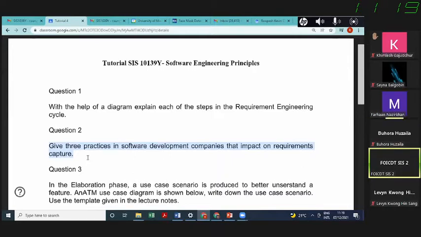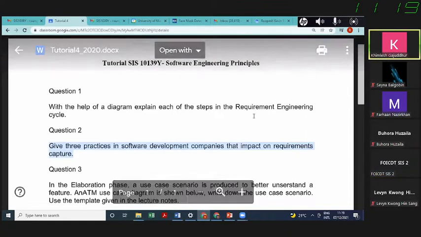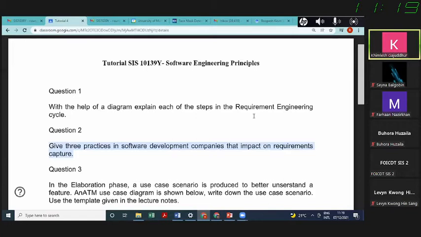Yes, Kimlesh? Yes, please. We have trouble understanding the requirements given by the user or customer. Secondly, we often record requirements in a disorganized manner. And lastly, we spend far too little time verifying what we do record.